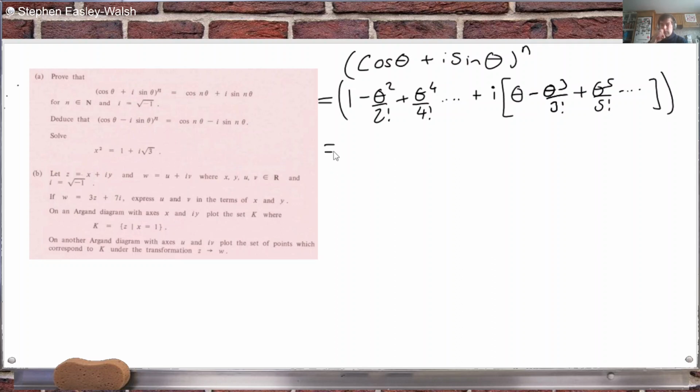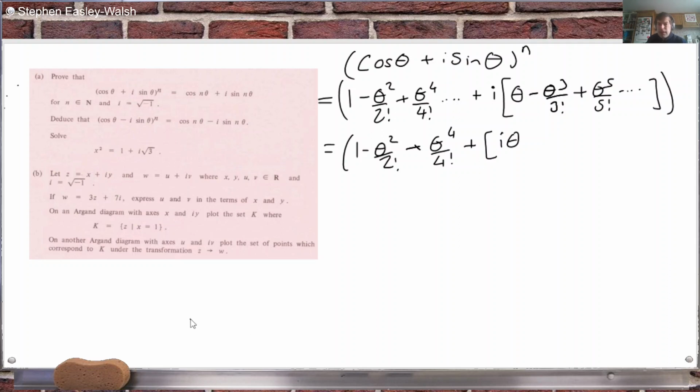So what you can do is bring that i inside. So i times theta is i theta, and then that's i times theta cubed.